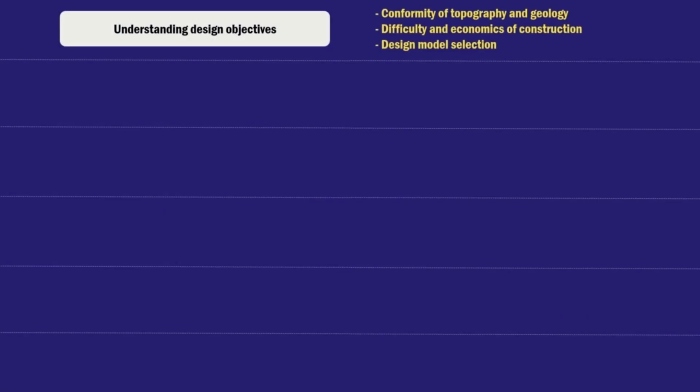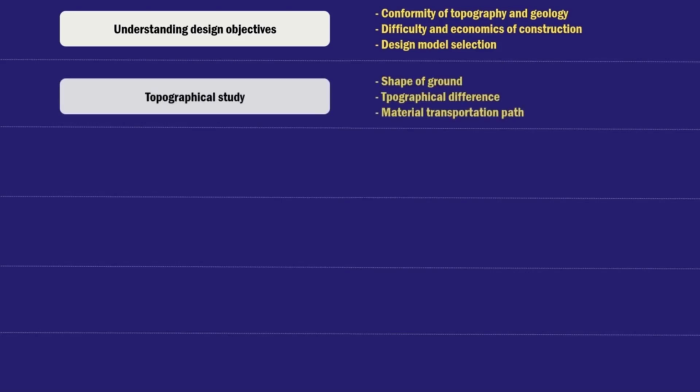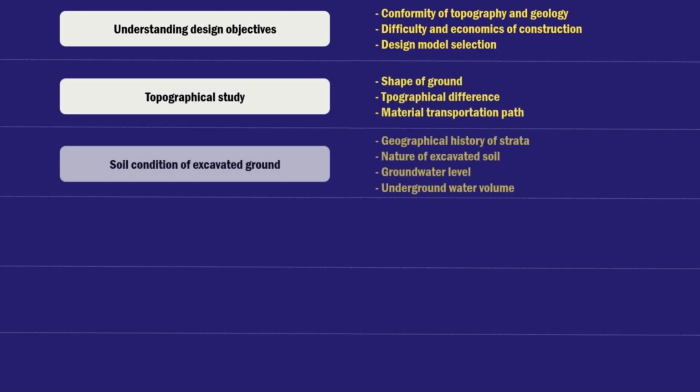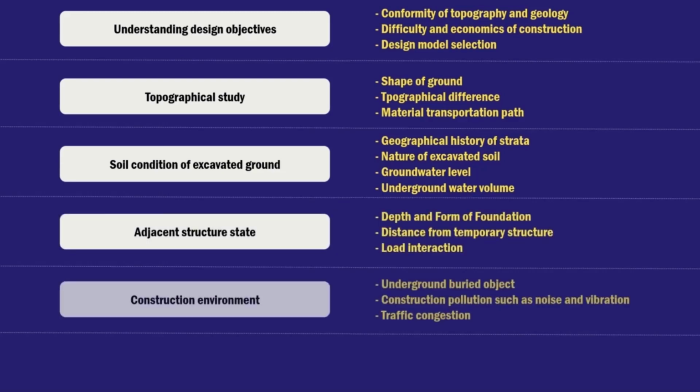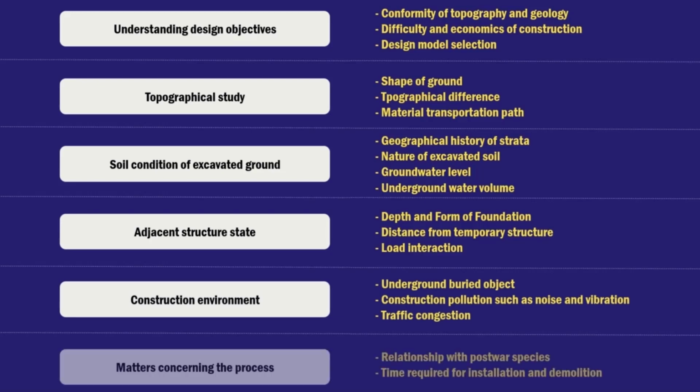The following reference is about considerations when selecting the earth retaining method. Largely, there are matters related to the identification of design purpose, review of topography, soil conditions of the ground which will be excavated, condition of adjacent structures, construction environment, and process.